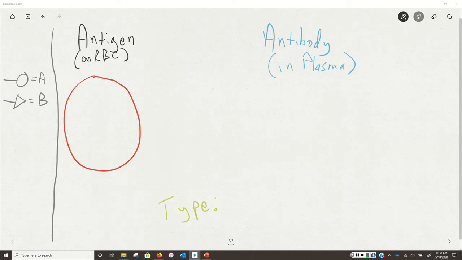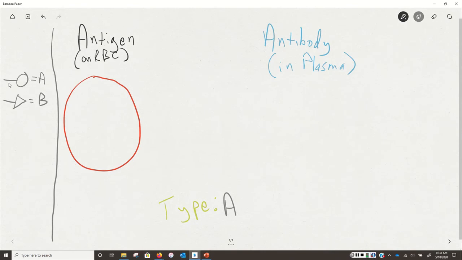So let's look at someone with type A blood. And someone with type A blood, this is what we would see if we were able to look at their red blood cells and their plasma really, really closely. So over here on the left, what I've done is given kind of a key.